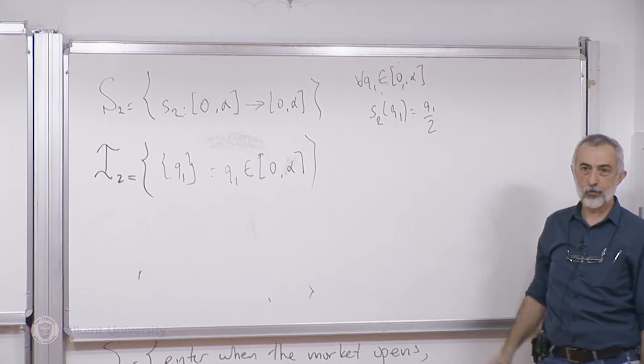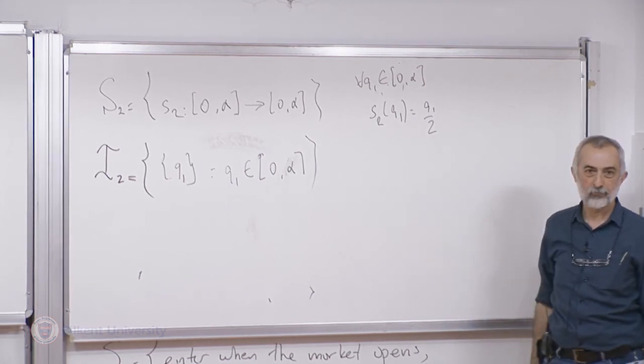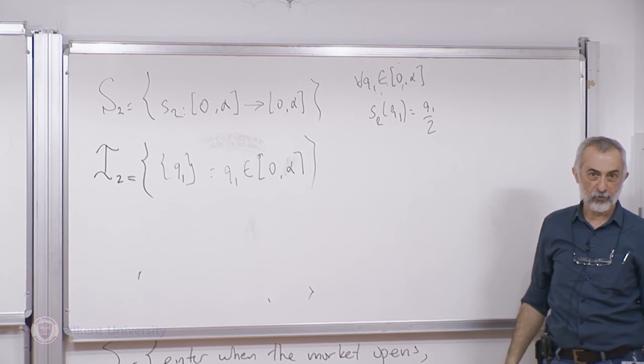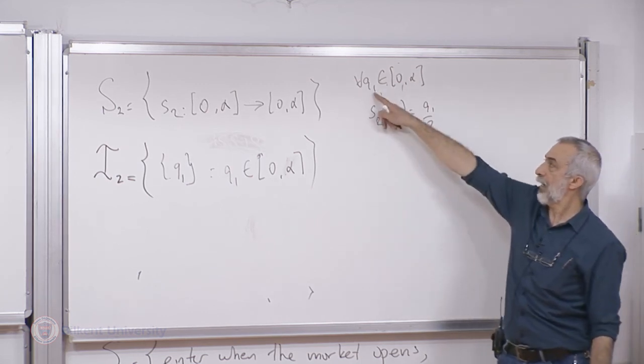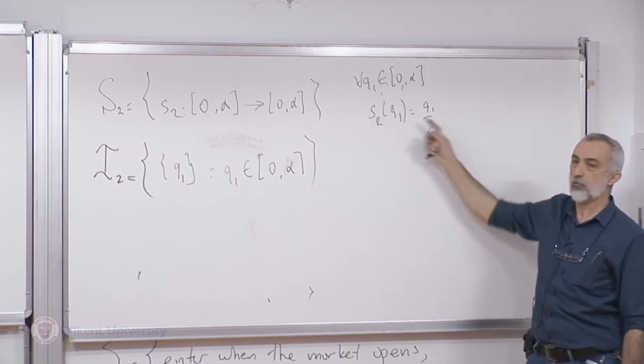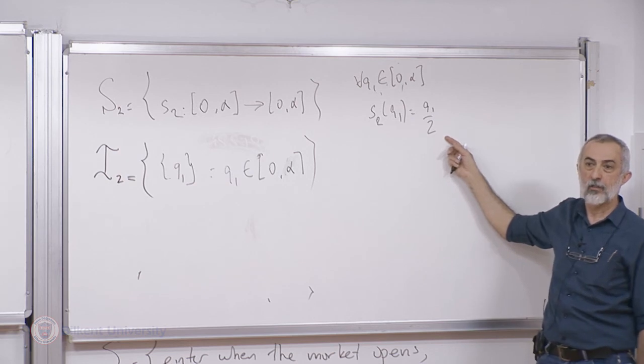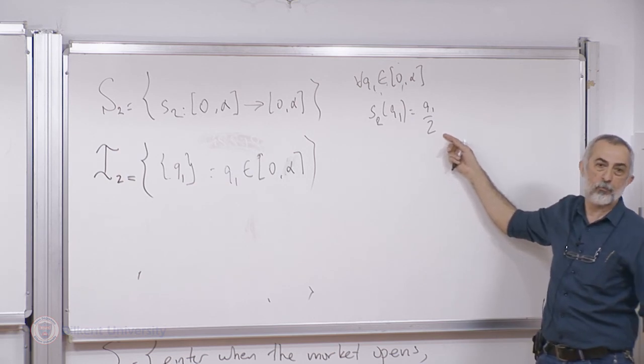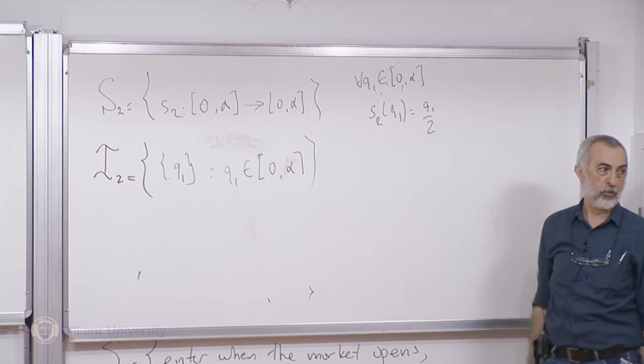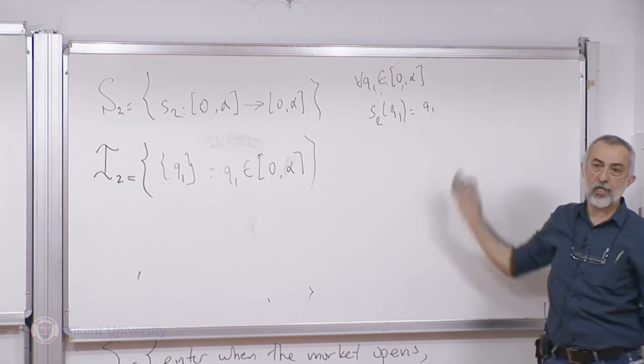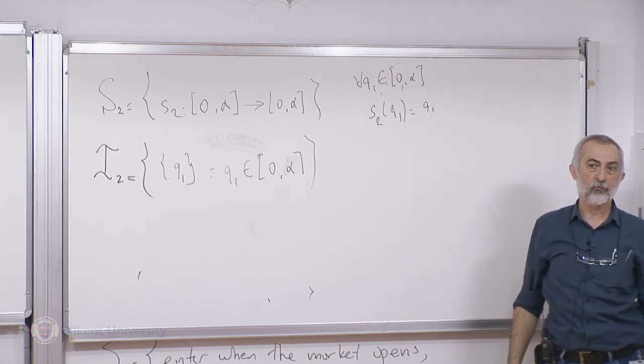Even though mathematically they're the same, interpretation-wise they're different. For any action alpha, what does this plan of action say? I'll produce half of what you produced. That's a strategy. I'll produce exactly what you produced. That's a plan.